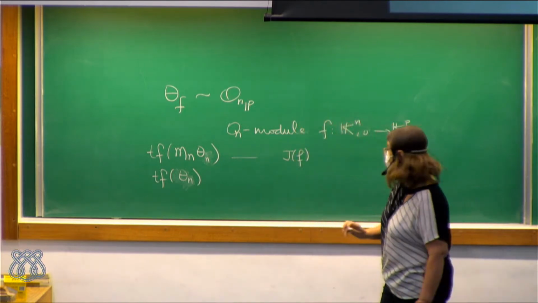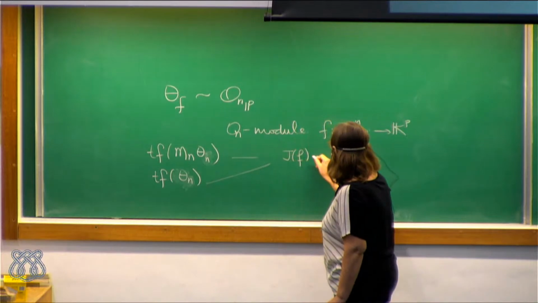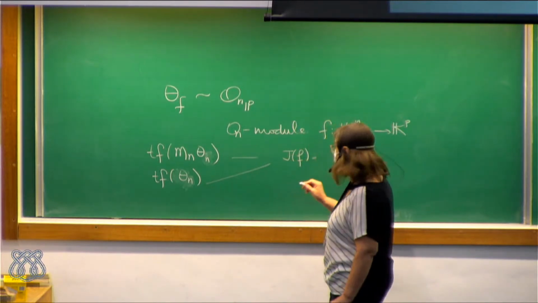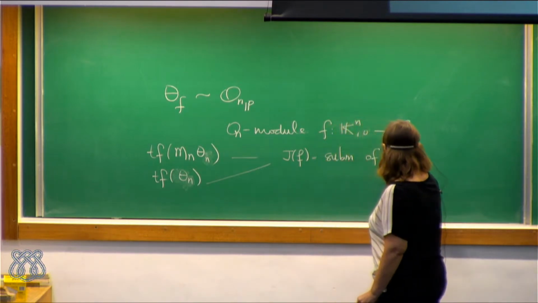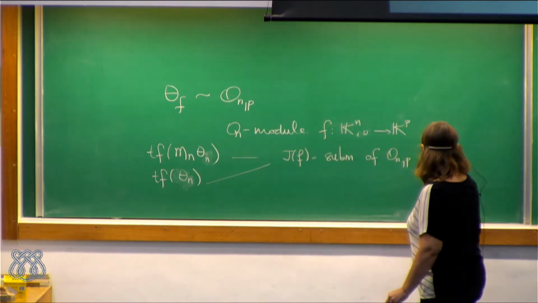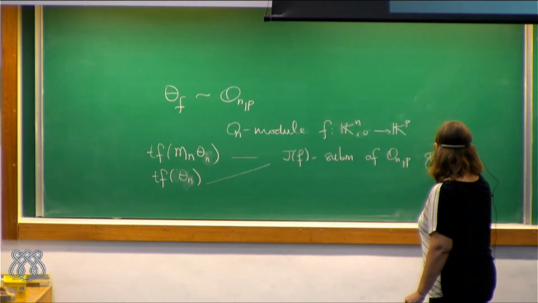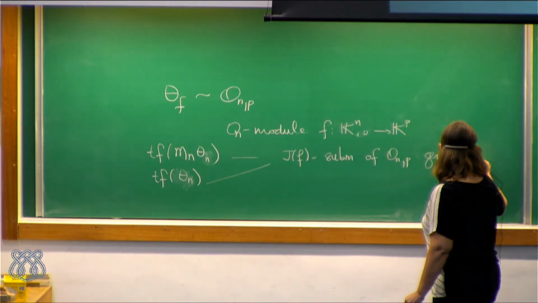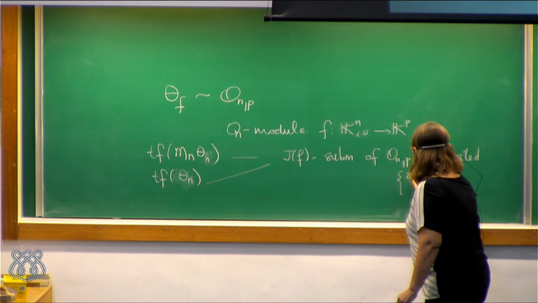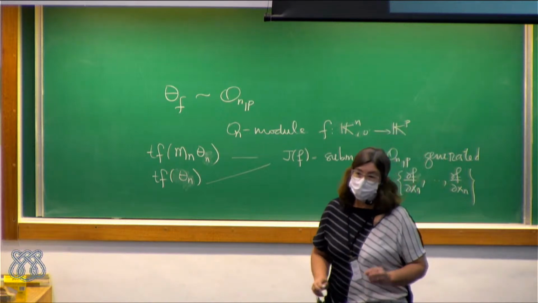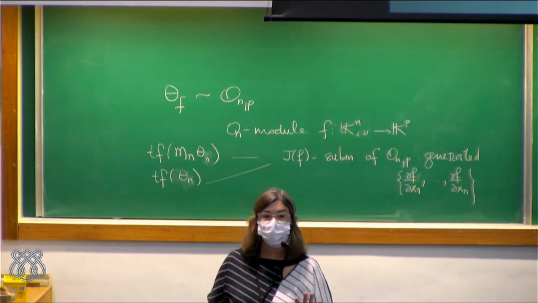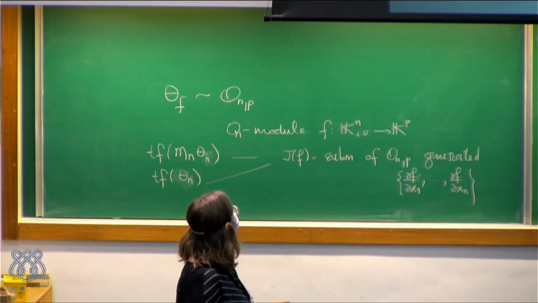J of f, here especially, is the submodule of O_n^p generated by the partial derivatives, partial f over x1, up to partial f over xn. So it's easy if we do this identification, in order to calculate.